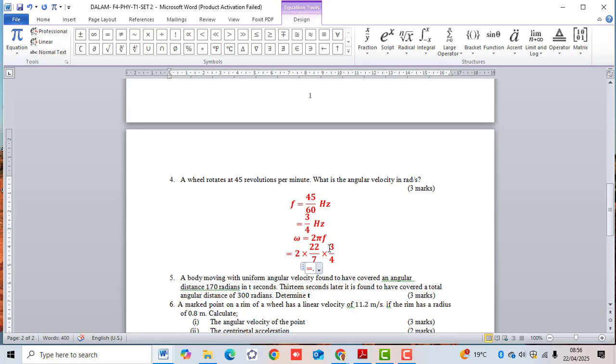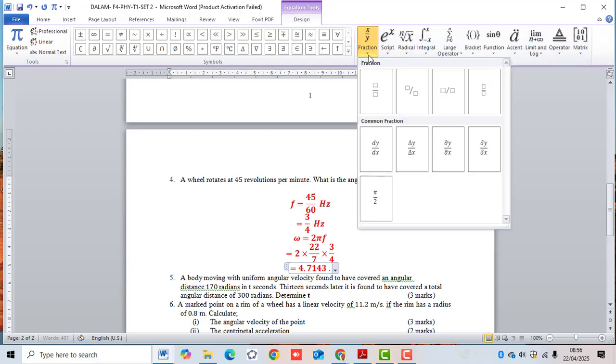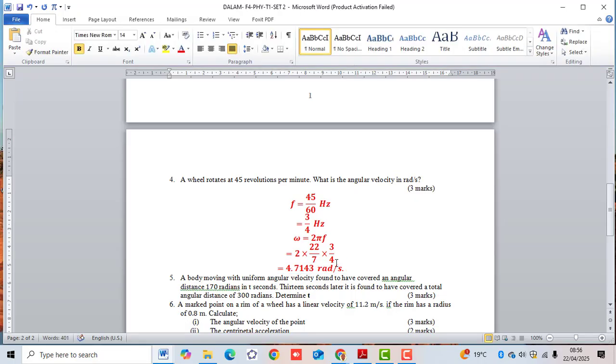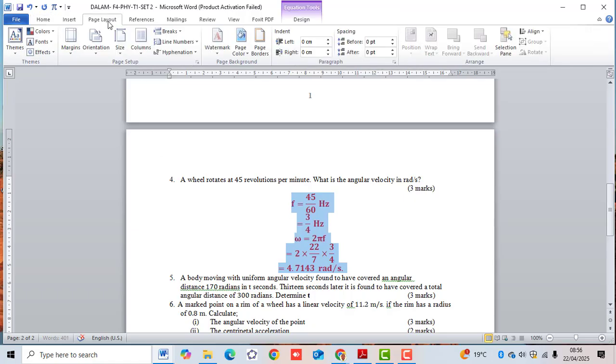I get 4.7143. Then this one is rad per second. Rad is this one, and second is this one. Very good. Serena, do you get the same answer? Yes. Good, very good.